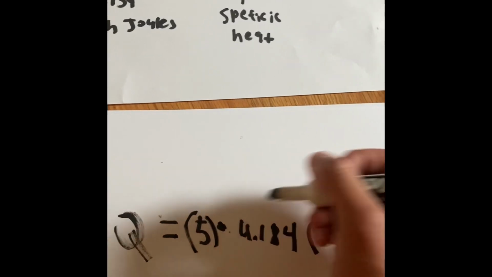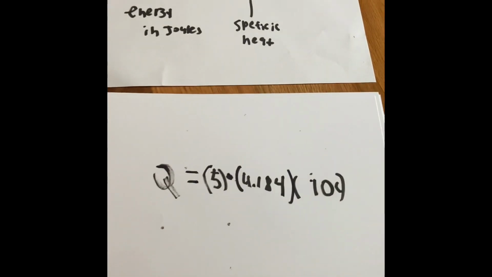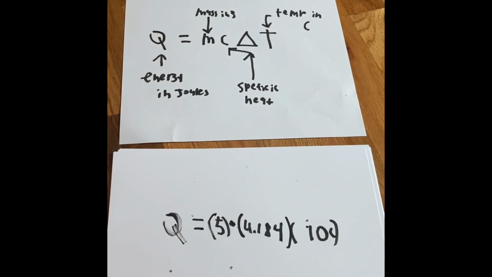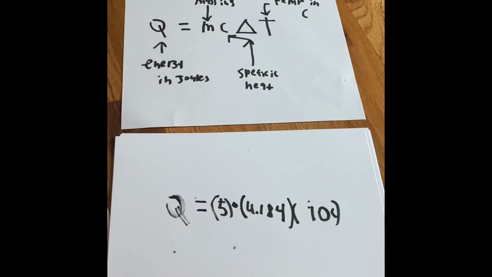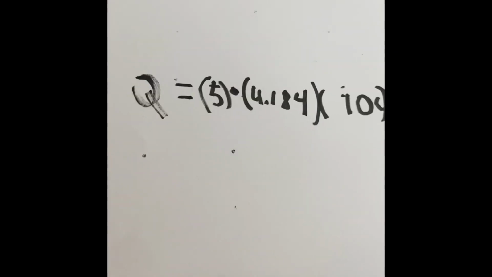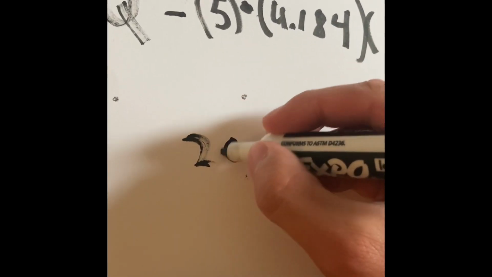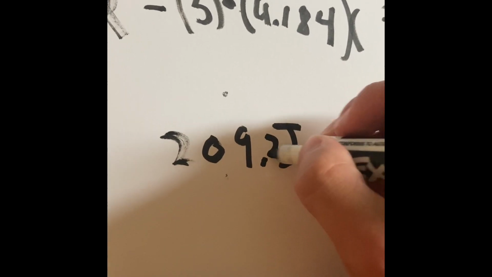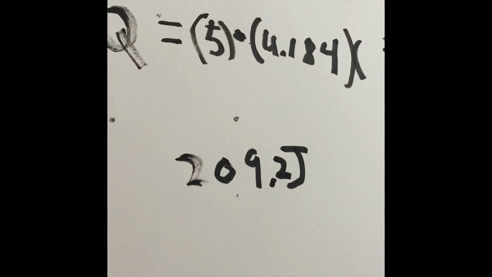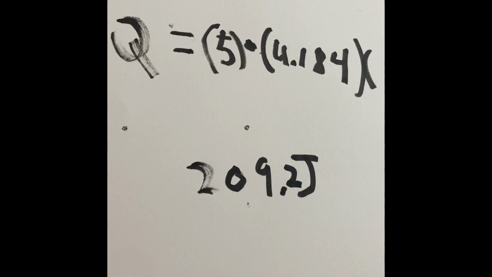So 5 times 4.184 times 10. When you do that on a calculator, because you can't easily multiply with a decimal mentally, the energy would be 209.2 joules. So 209.2 joules will be used to change the temperature if I toss that object into water.